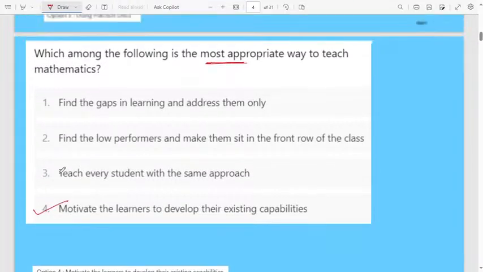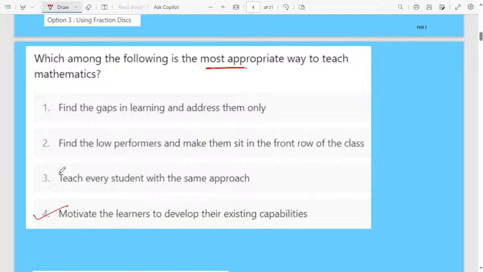Fourth is the best option, because they are asking which among the following is the most appropriate way to teach mathematics. When you are teaching mathematics, some students will make mistakes, some will be slow learners, and some may not understand even after the first, second, third explanation. In that case, teachers, motivate the learners to develop their existing capability.